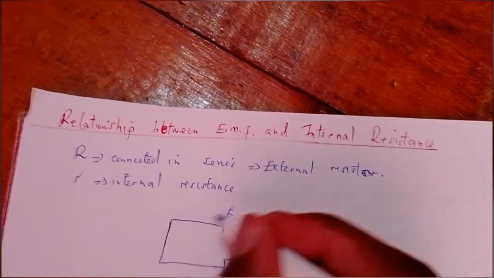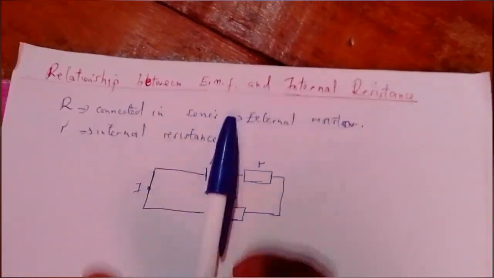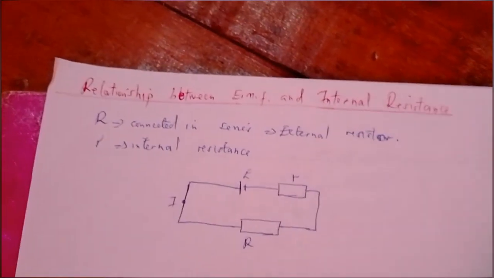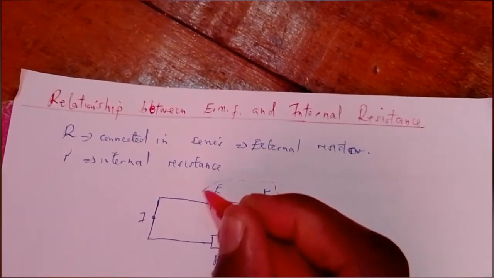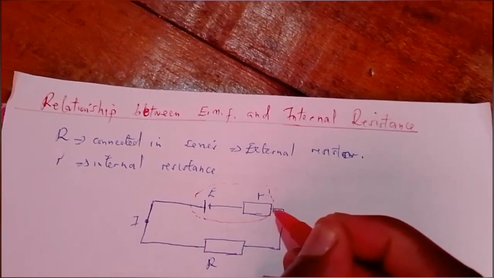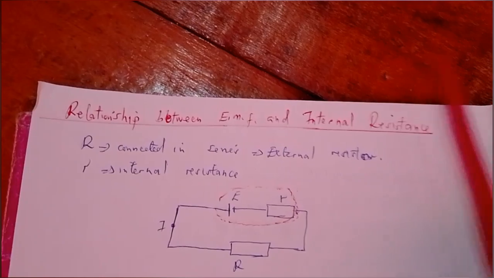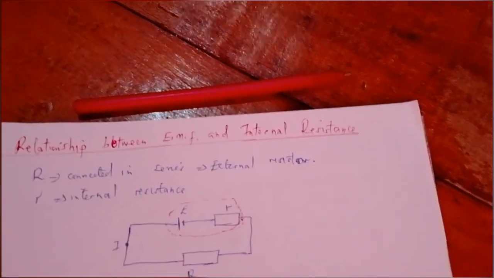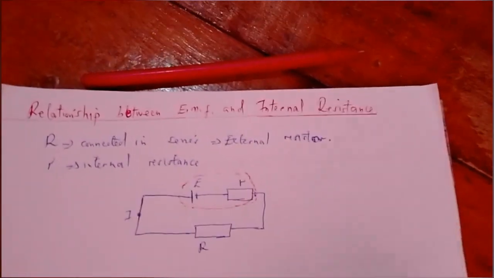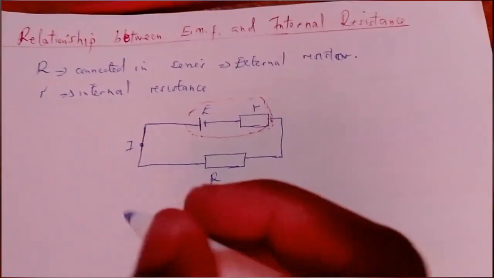Here is E, then here is the current. So the current flowing in this circuit is therefore given by this equation.